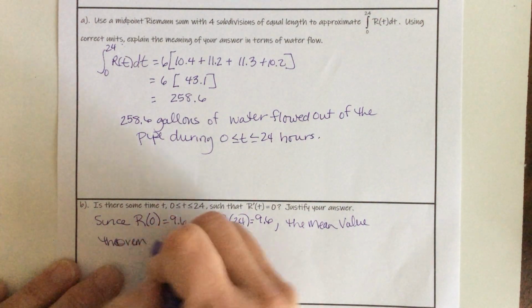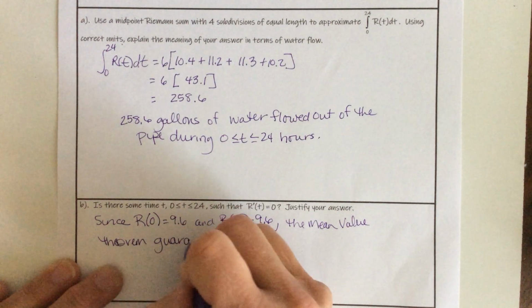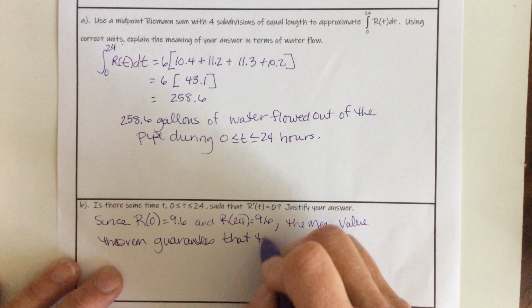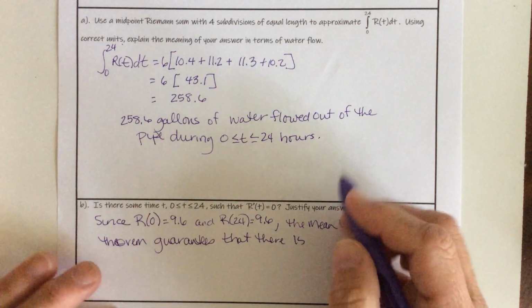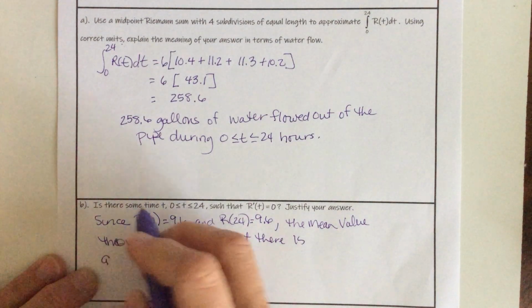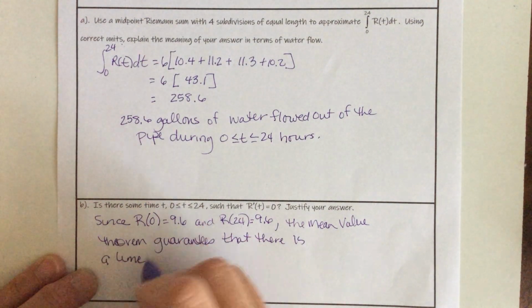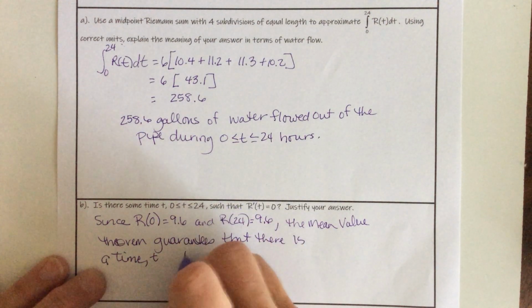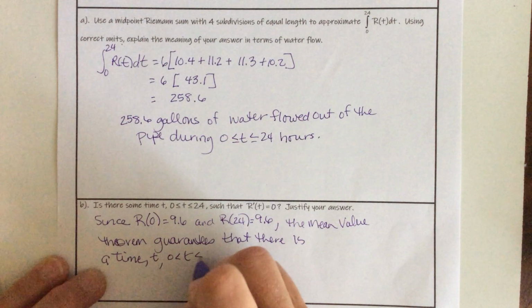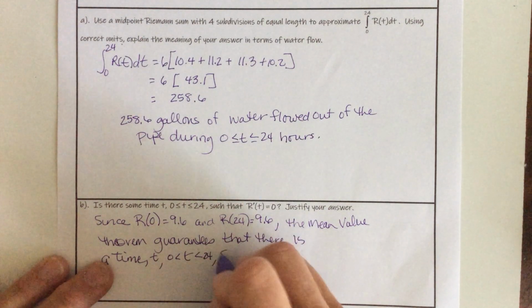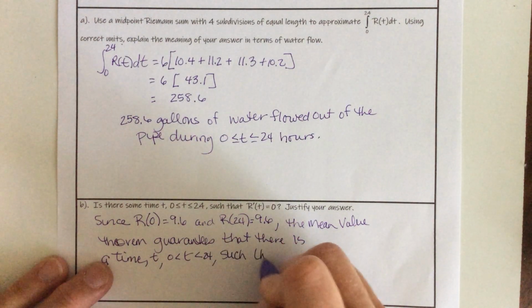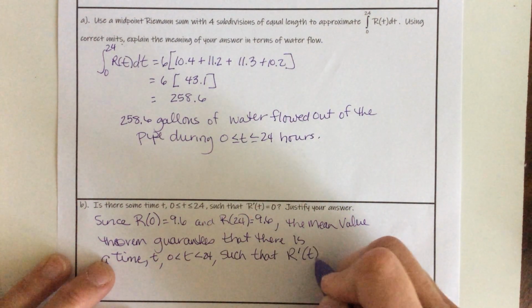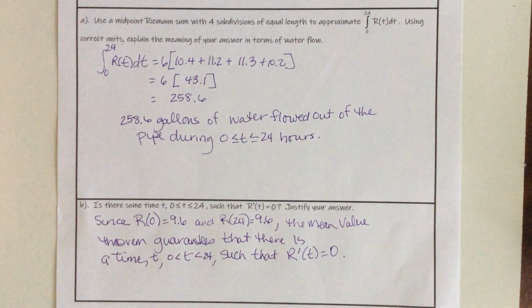guarantees that there is a time t on the interval 0 to 24 such that R prime of t equals 0.